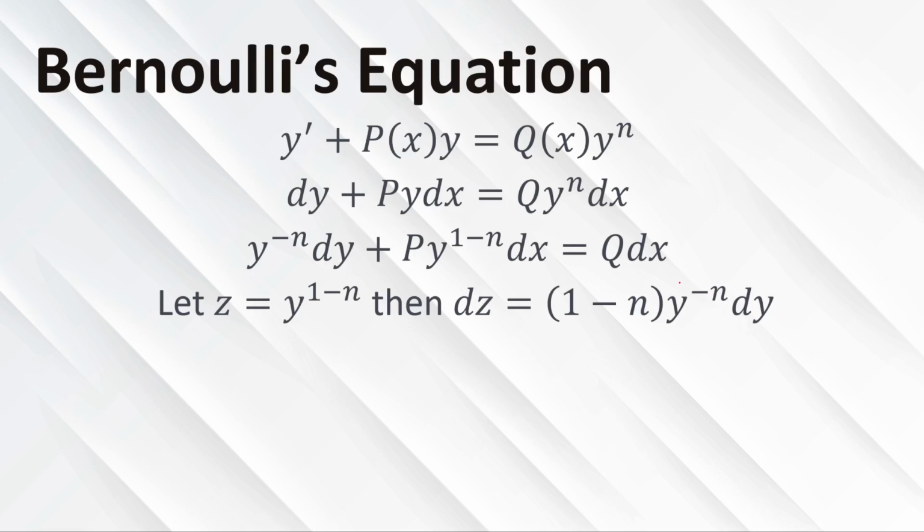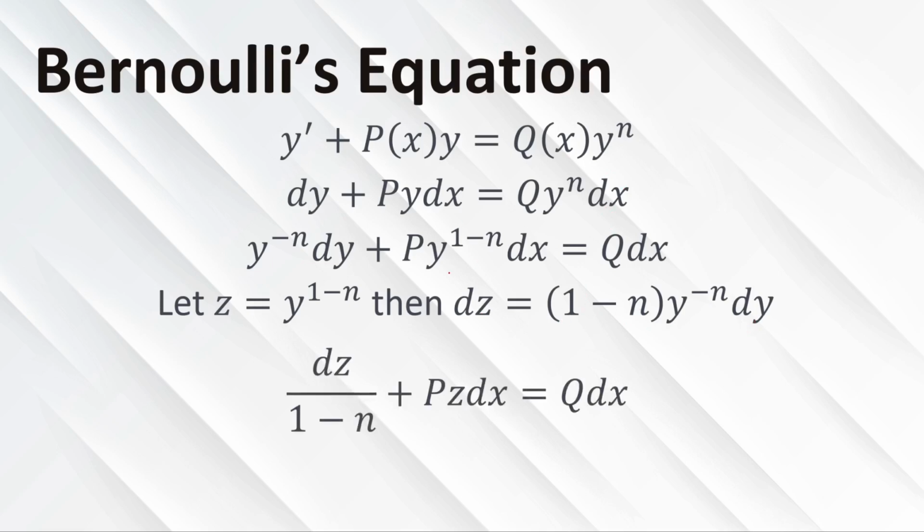And as you can see, nasabi ko nga kanina, itong part na ito ay nandito sa ating pangatlong equation, and then ito, mapapalitan na ng z. So, pwede na tayong mag-substitute. So, yung y raised to n dy, since wala siyang y 1 minus n para maging dz, magiging dz all over 1 minus n.